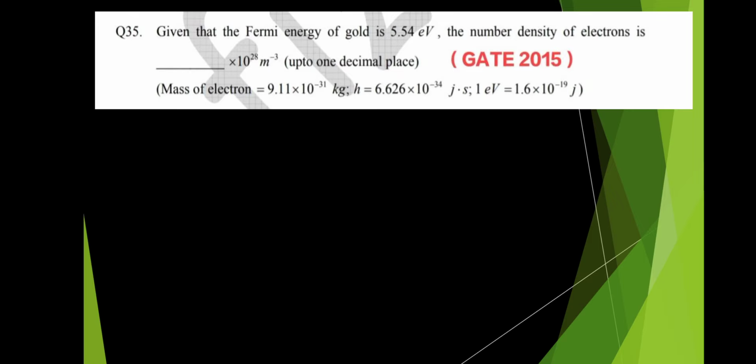Now GATE 2015 again, two questions from GATE have come on the same concept in 2015. You have the Fermi energy of gold, and you have to find out the number density. The mass of electron, Planck constant, and the conversion of 1 electron volt are given.